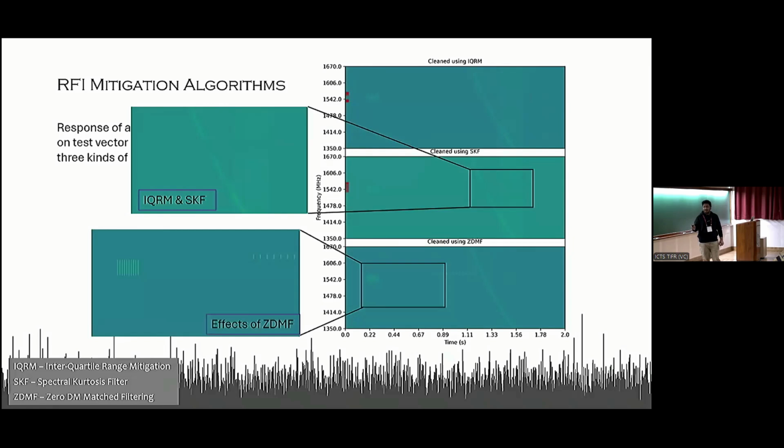And for ZDMF, you can't get rid of these short instances of RFI which are spread across only a few frequency bands.